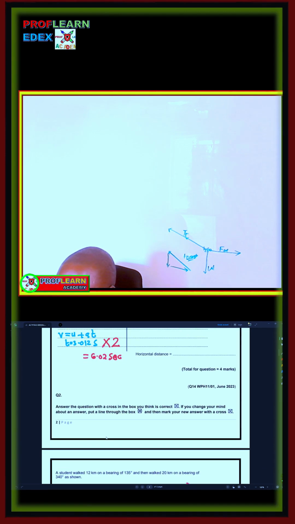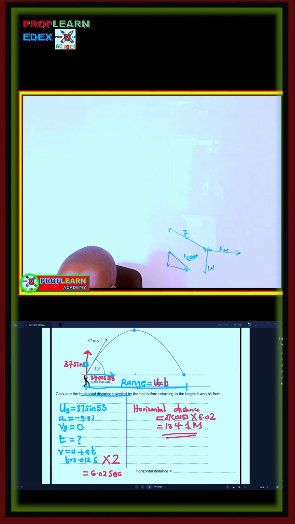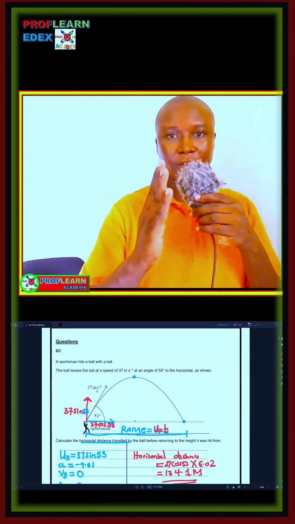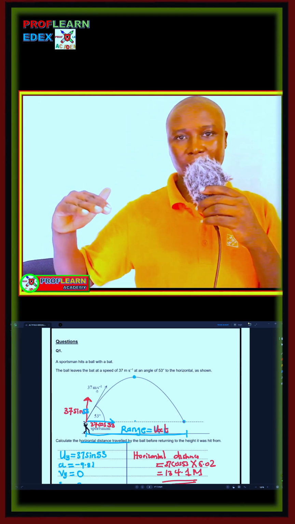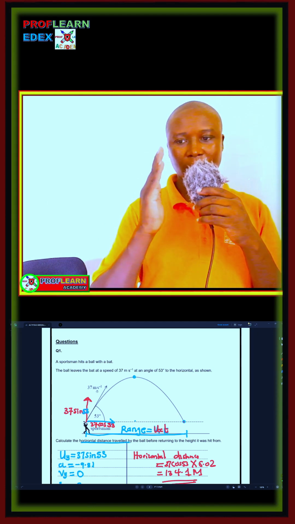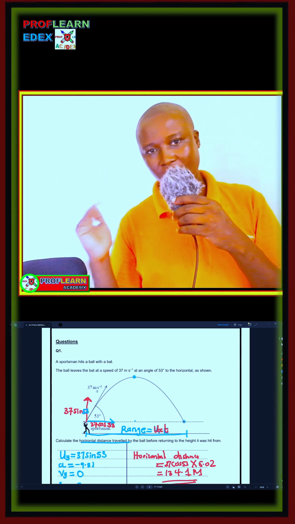Now let's move down and talk a little bit about projectile motion. If an object is projected at an angle of 53 degrees at a velocity of 37 meters per second, you ought to realize that in this projectile motion, there will be vertical and horizontal components. So you are going to resolve into the vertical and the horizontal directions.